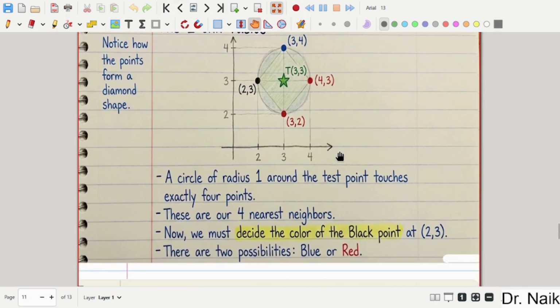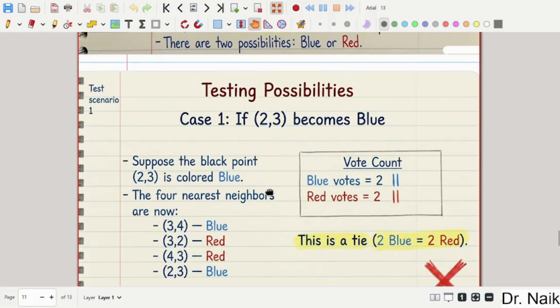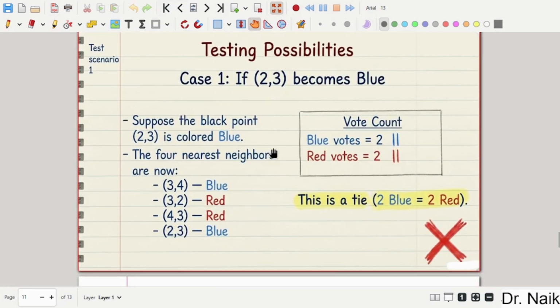Now we must decide the color of the black point at 2, 3, and there are 2 possibilities: that this black point belongs to the class blue or the class red. Let us consider possibility 1, that 2, 3 becomes blue. Then our 4 nearest neighbors are 3, 4 with a blue class, 3, 2 with a red class, 4, 3 with a red class, and this training point 2, 3 which is blue.